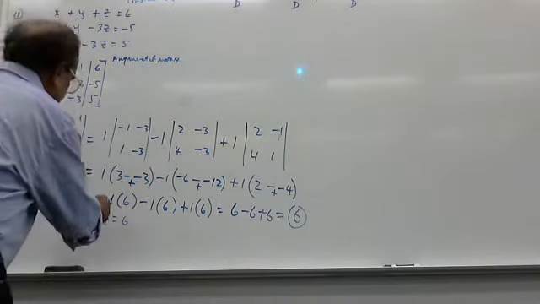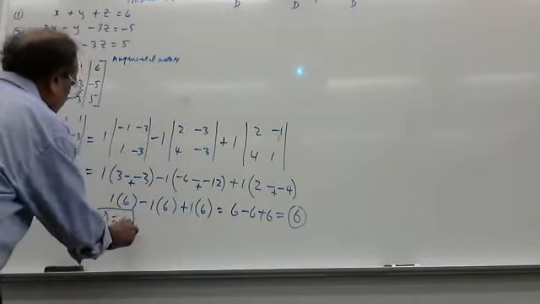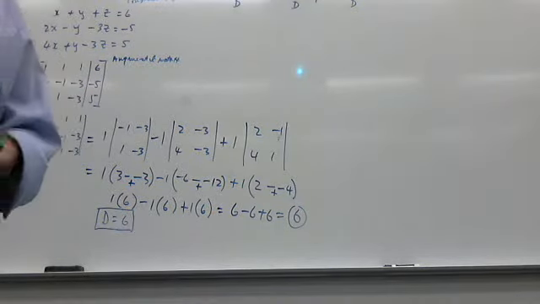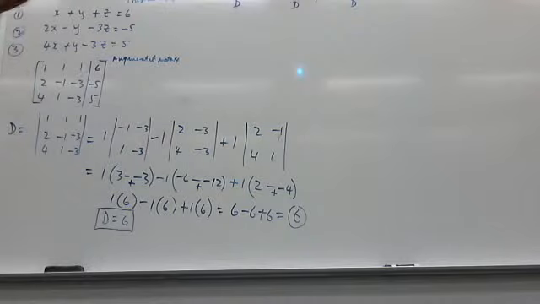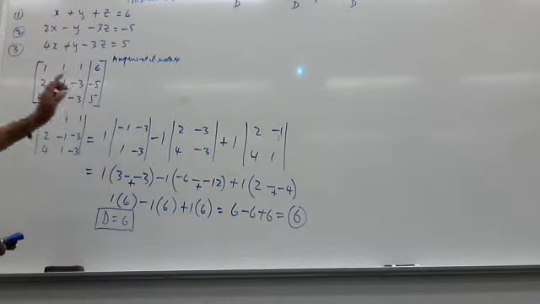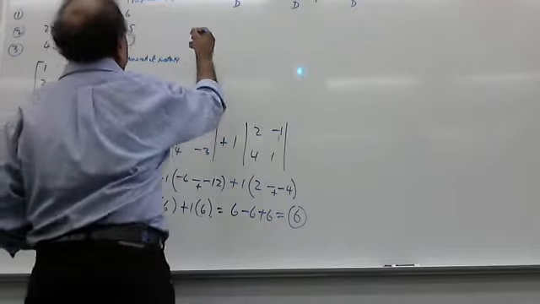Now, this is what we'll be dividing by. So we'll now find the determinant with respect to x by replacing the column, the coefficient of x, with the constant column. And then we'll get d sub x. So this is our d. Now d sub x, let's make that matrix.